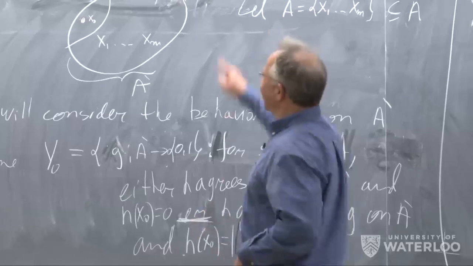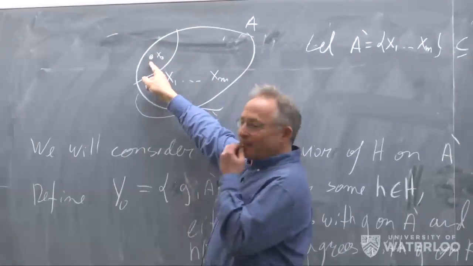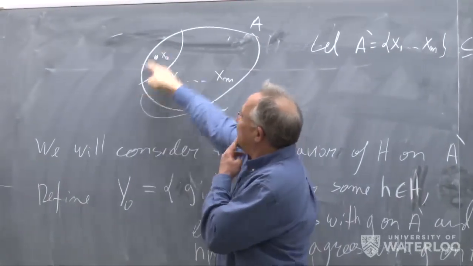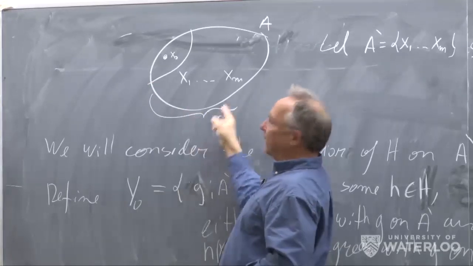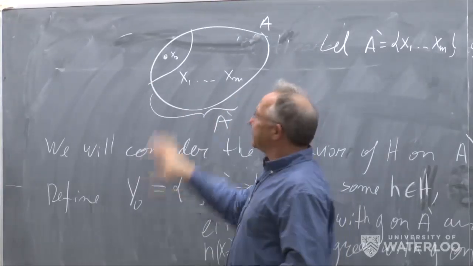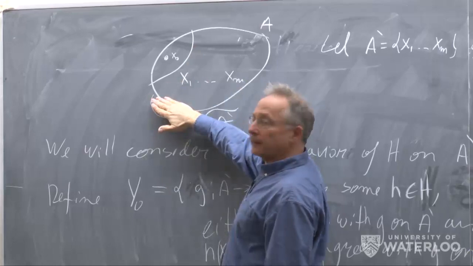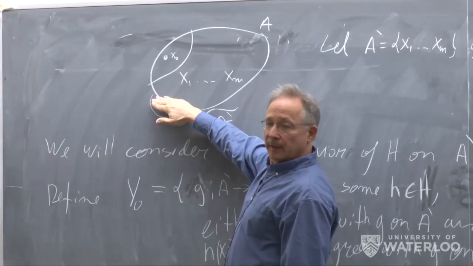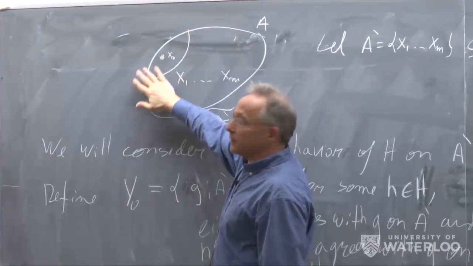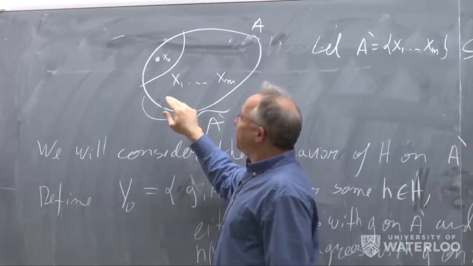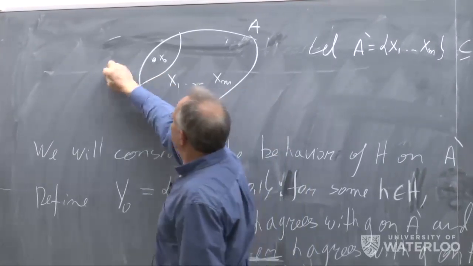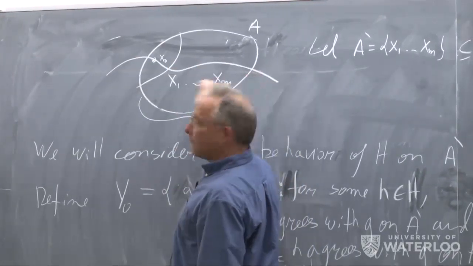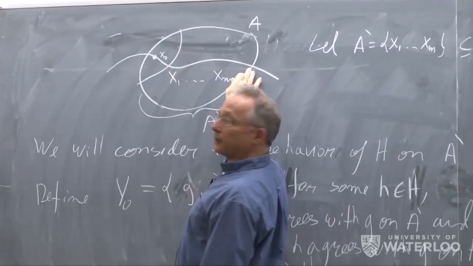OK, that's A. That's A prime. The whole thing is A. The smaller guy is A prime. Y0 is all the functions that I can get on A prime, and I compare them to all the functions that I can get on A. Now, if I have a function on A, I can always just ignore x0 and get a function on A prime.